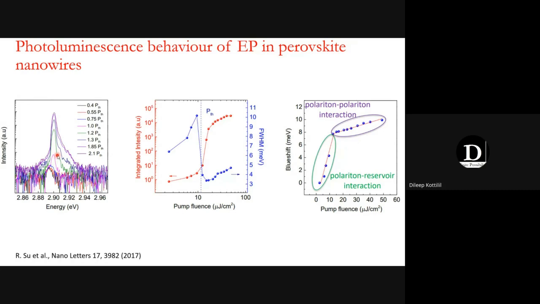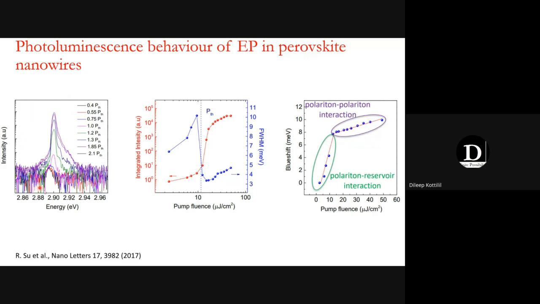Let me give you a brief background of this work. What they did was they took a perovskite nanowire, shined a laser onto the nanowire, and then increased the power of this laser. Then they collected the photoluminescence from this nanowire.